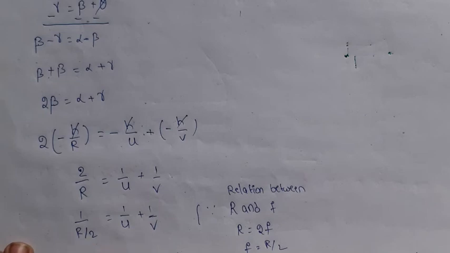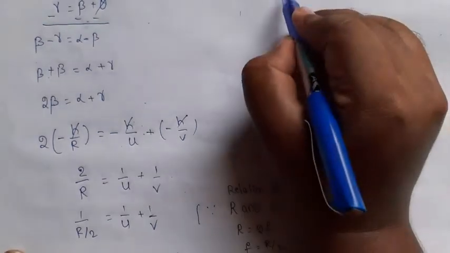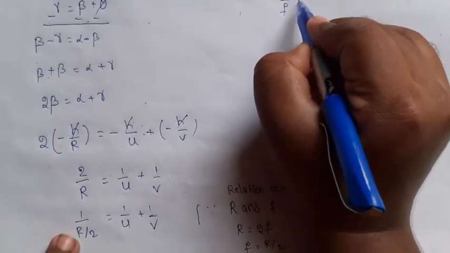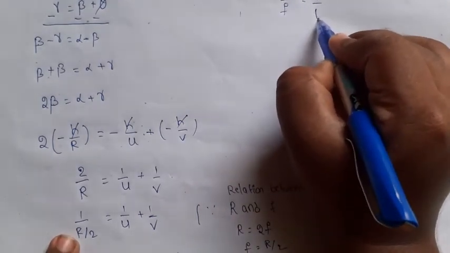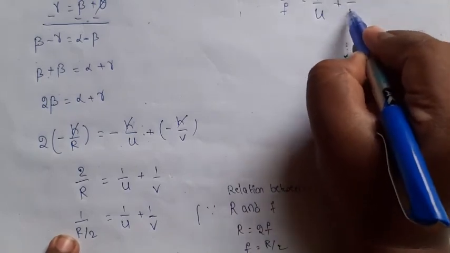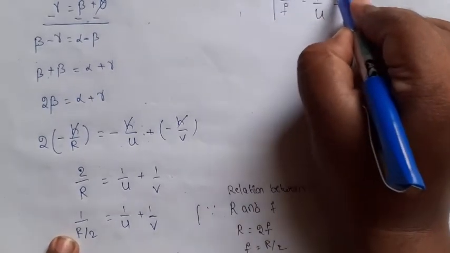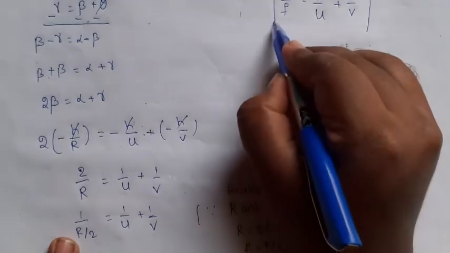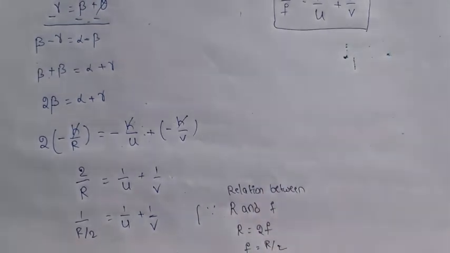So we can substitute R by 2 in case of F. So 1 by F equal to 1 by U plus 1 by V. This is the mirror formula in case of concave mirror.